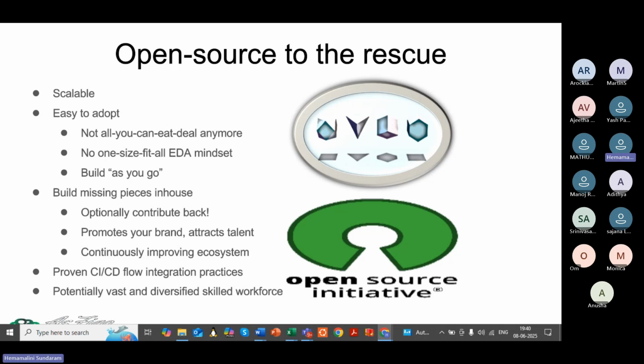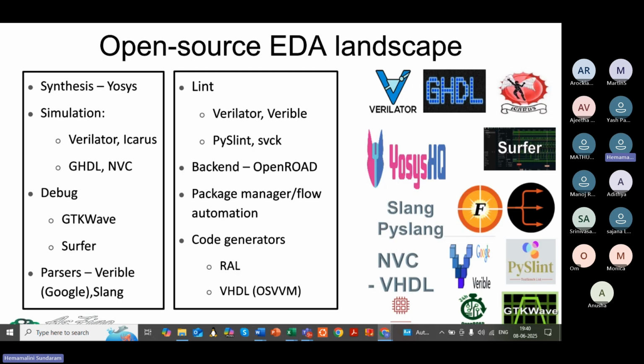So the open source landscape, if you see the EDA landscape here, for synthesis we have Yosys, we have Verilator and Icarus for simulation, with GHDL and NVC. For the debug, we have GTKWave and Surfer. The parsers are Verible and Slang, which is System Verilog Lang.